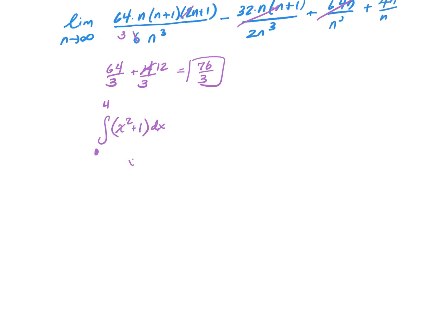So it's x cubed over 3 plus x going from 0 to 4. So I don't need to plug in the bottom. It's going to go to 0, but we would get 64 over 3 plus 4, which I believe is what we got. This becomes a 3. This becomes a 12, which gives me 76 over 3.